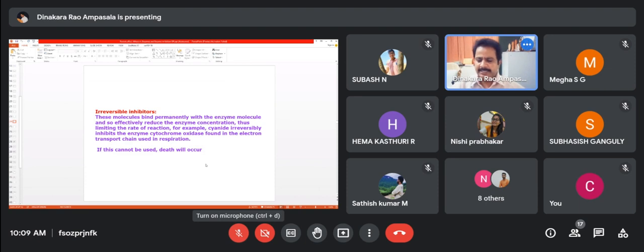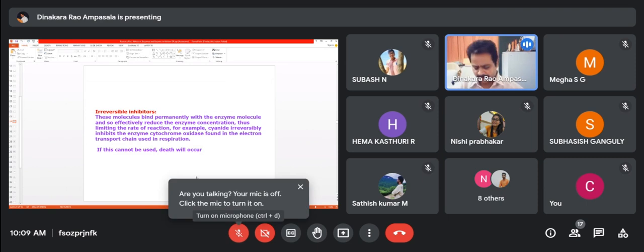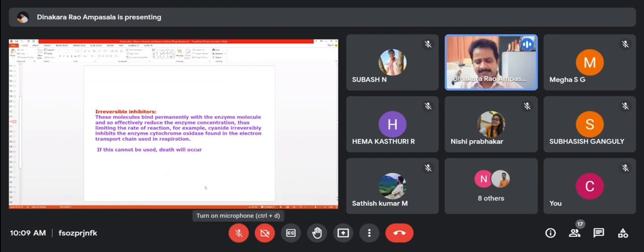That leads to death of that particular cell, where cyanide has interacted with cytochrome oxidase. If you have more cyanide, that leads to all cells' death, and that leads to system death, and that eventually leads to the animal's death.